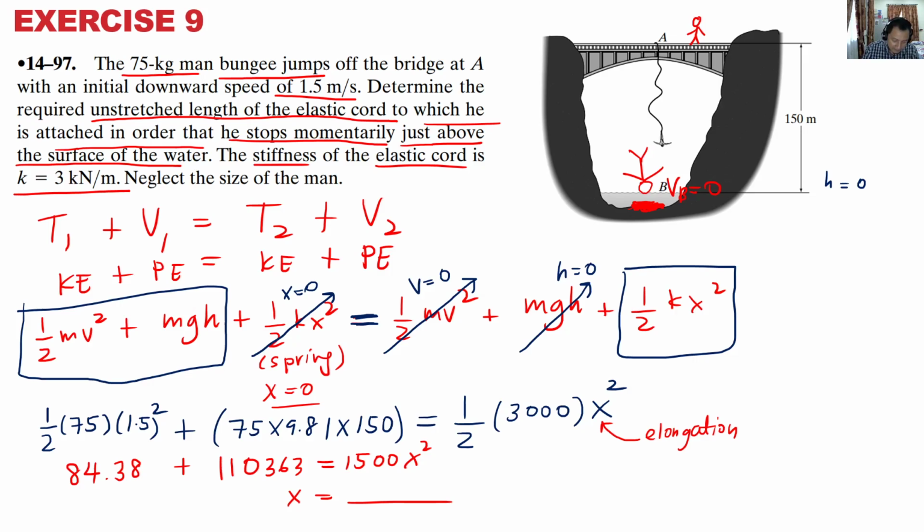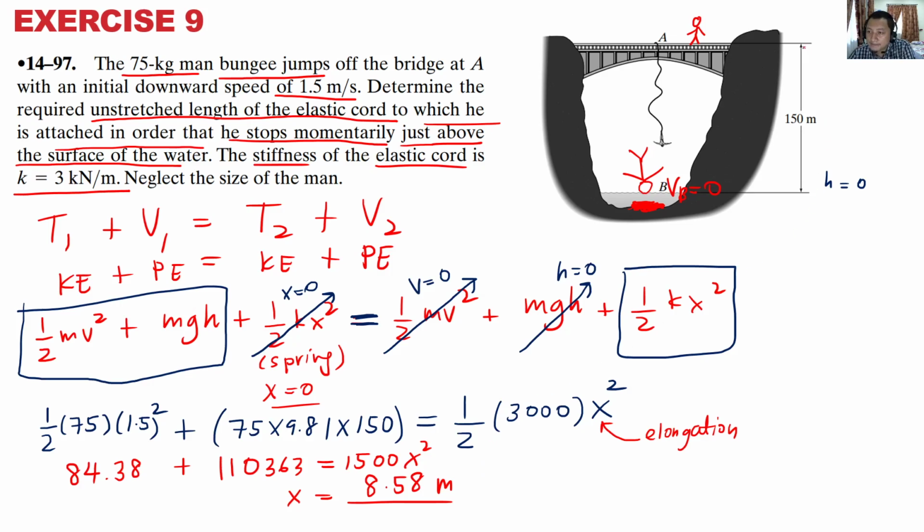Plus 84.38 divided by 1500, am I right? Divided by 1500, right? Remember to square root. 8.58 meter. This is the elongation, okay?